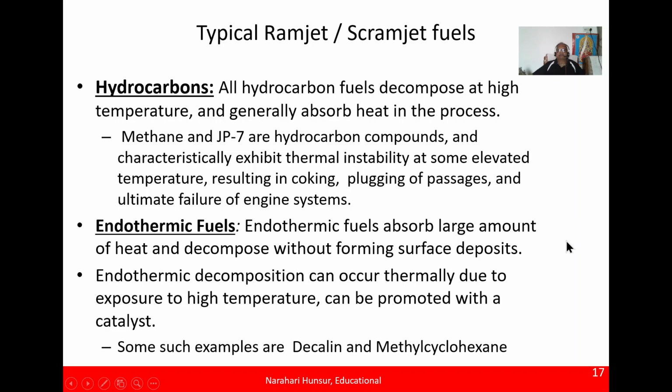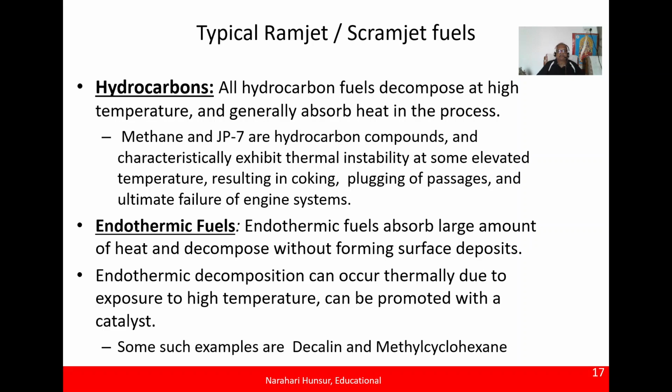So now let's look at the fuels typically used for ramjets and scramjets. Hydrocarbons like JP-7, a type of kerosene, are characteristically very unstable. At some elevated temperatures, they decompose instead of combusting or burning. They decompose, resulting in coking, plugging of passages, and ultimate failure of engine systems.